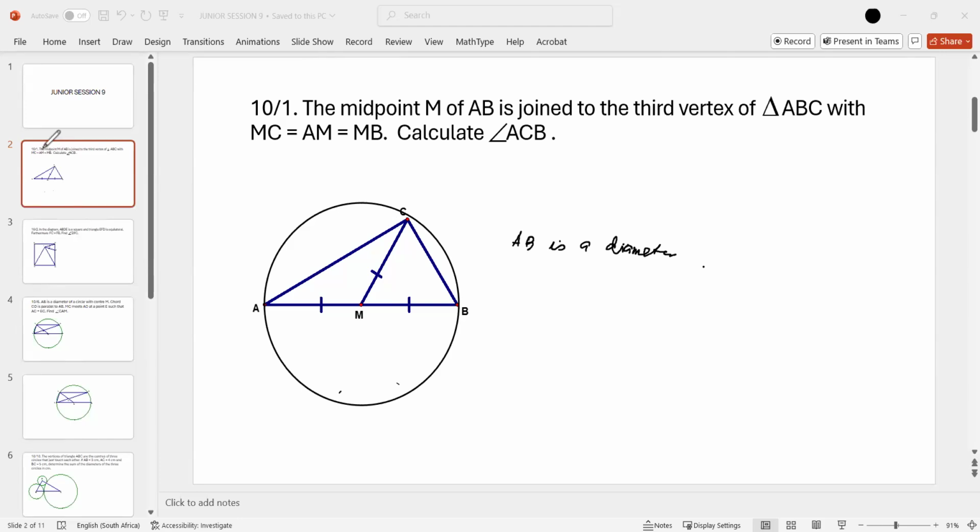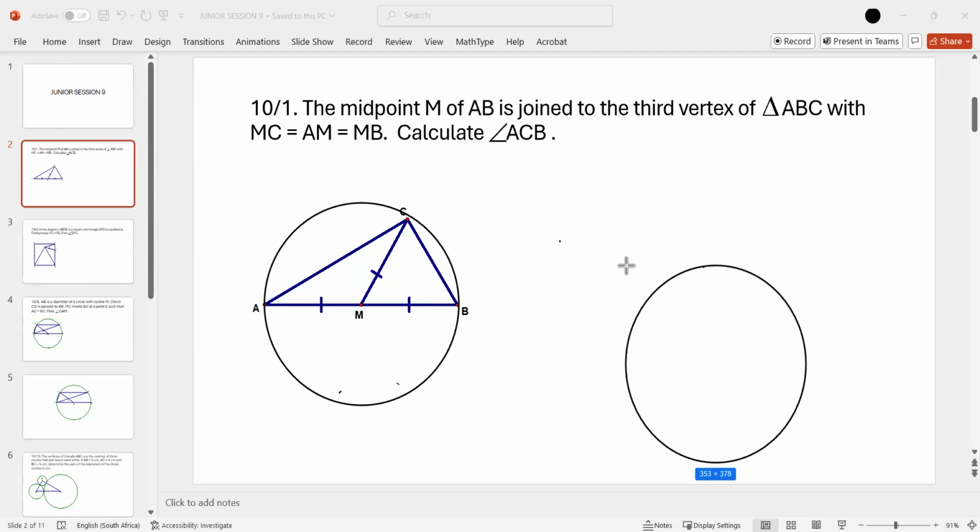So if I remove all the other things here, and just draw another circle, so what we are saying here is that if you draw any circle and you draw a diameter, it must go through the center.